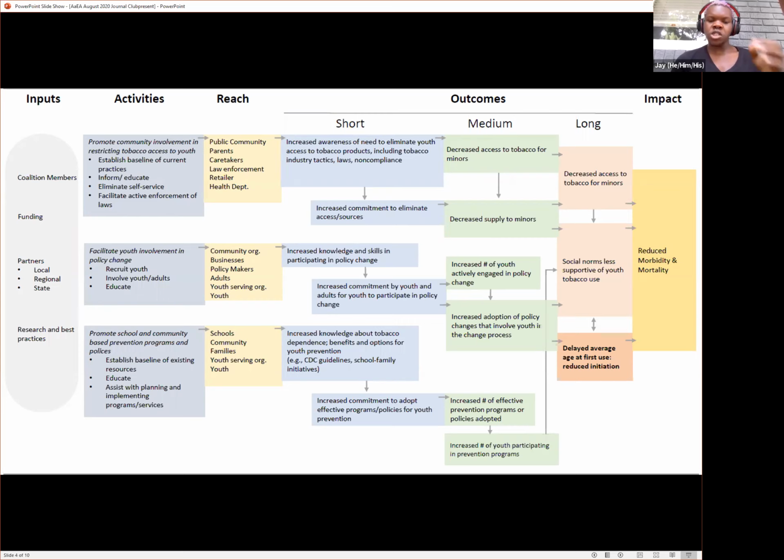So I think adding a reach column is a really neat way of identifying that they might not be actively an input of the logic model, but they are receiving, at least, if there are communication aspects or different things in the program that might passively involve them. So I really like the reach.